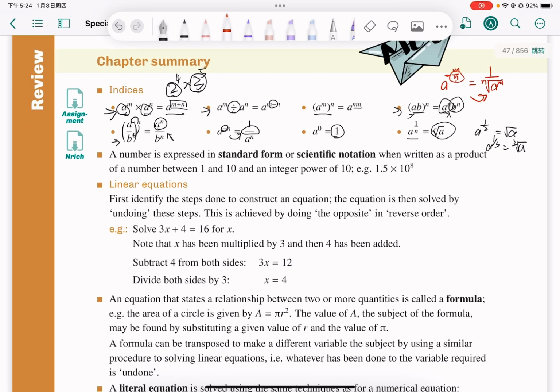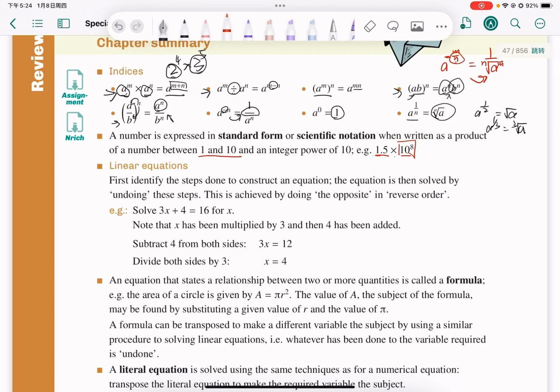So the next dot point, a number is expressed in a standard form or a scientific notation when written as a product of a number between 1 and 10 and an integer power of 10. So for example, we have 1.5, which is between 1 and 10, and then multiplied with the power of 8 to the base of 10.